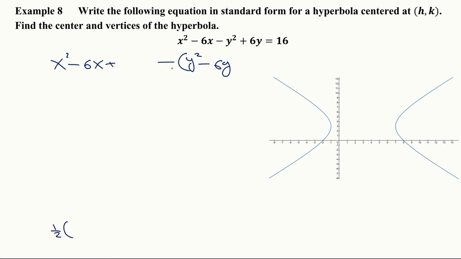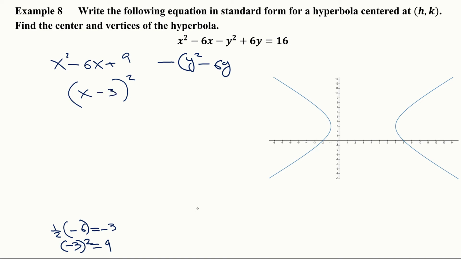Remember, take half of negative 6, which is negative 3, and square that to get positive 9. You may wonder, why do I write this negative when it's going to get squared and give me 9 anyway? Because in the next step, when you want to write that part, all you have to do is look here to know that it should be x minus 3 rather than x plus 3.